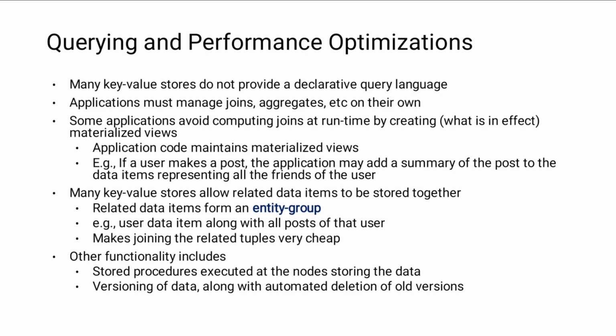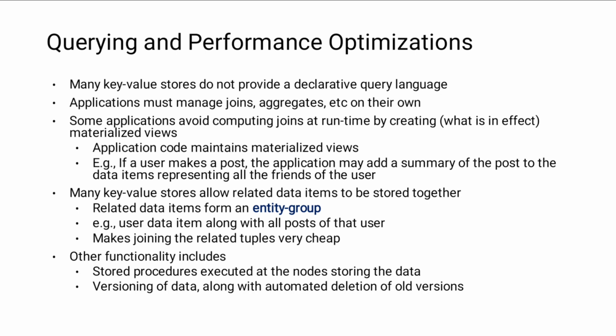Okay, what about performance optimization? Key value stores do not provide a declarative query language. We have to implement join, aggregate, etc. on our own. Then we have to avoid complex running times for joining. If the running times are very complex, we have to avoid that. Application code maintains some materialized view queries.